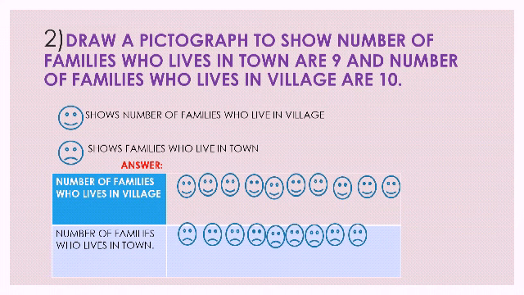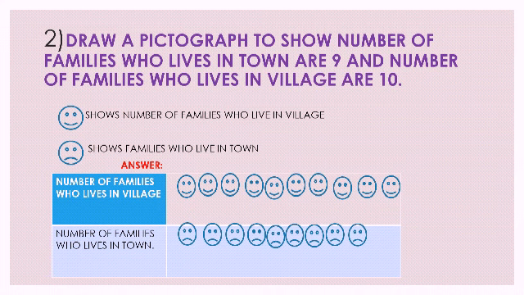Now, again, a smiling emoticon or a smiley shows the number of families who live in village, and a sad smiley shows the number of families who live in town. So now how will you draw? Again, make two tables. One where you will write the number of families who live in village. So how many families are there who live in village?